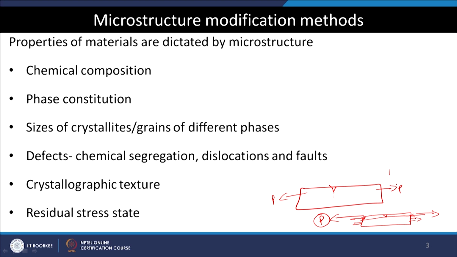Most failures, for example fatigue, are where the defects from the surface start to propagate into the material. So, that can be quite well minimized, or fatigue resistance can be enhanced, by engineering the residual stresses.